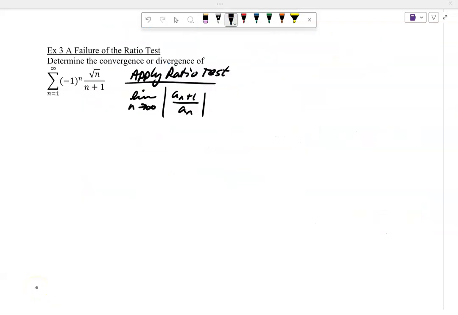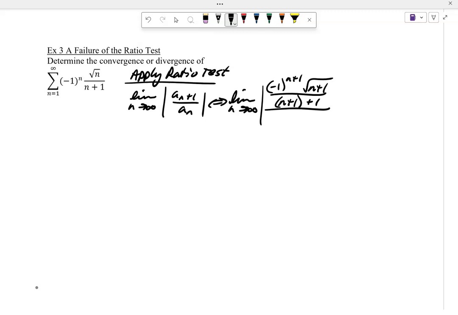So here we're going to show where the ratio test is not being helpful for us, but let's go ahead and run through it here. When we apply the ratio test, we'll have the limit n goes to infinity of a sub n plus 1. So we got negative 1 to the n plus 1, square root n plus 1 over n plus 1 plus 1.